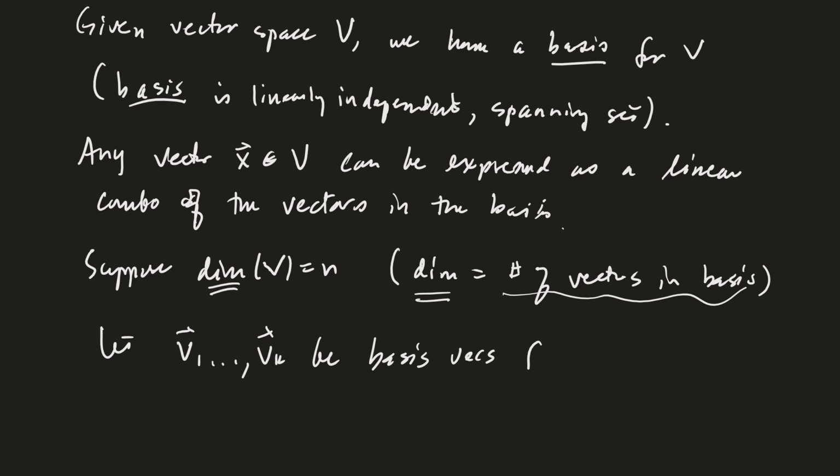I'll write it as red B. And then this is defined to be the coordinates of x with respect to the basis in B. I'm using Lay's notation for the coordinate vector.